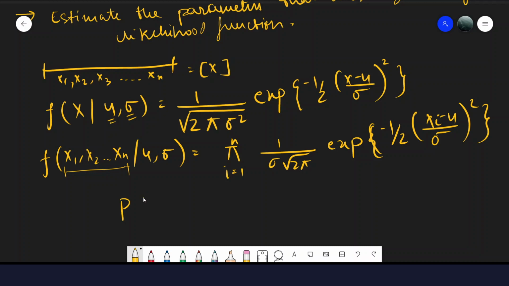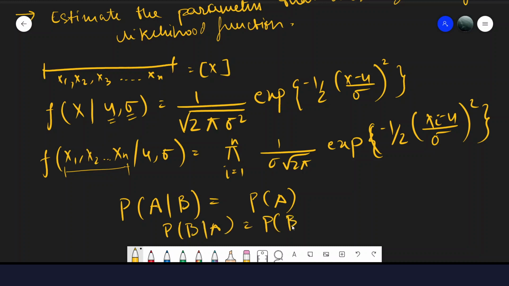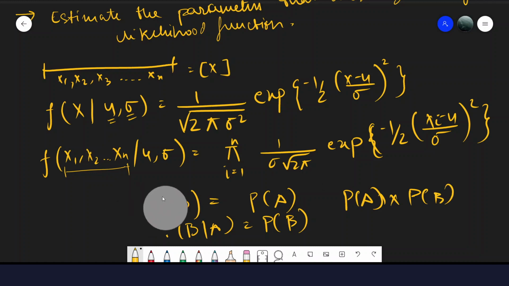And what does it mean if the data points are conditionally independent? It means that if A and B are two events that are independent of one another, then probability of B given A is equal to probability of B. So if you want to find the probability of both these events occurring, you would have to multiply probability of A into probability of B. That is what conditional independence means.